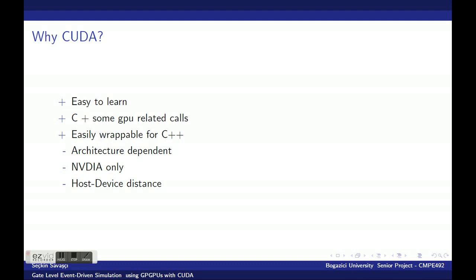It's easily wrappable for C++, so you don't need to write anything again in C. You can use your existing C++ code. You just need to write some wrapper functions, and you call CUDA functions in it. But on the other hand, it's quite architecture dependent. So you should know about the architecture of your GPU to get better performance. And also, it's only for NVIDIA GPUs.